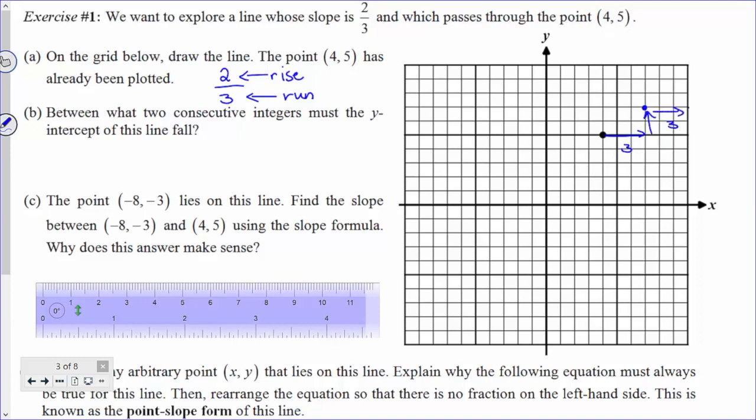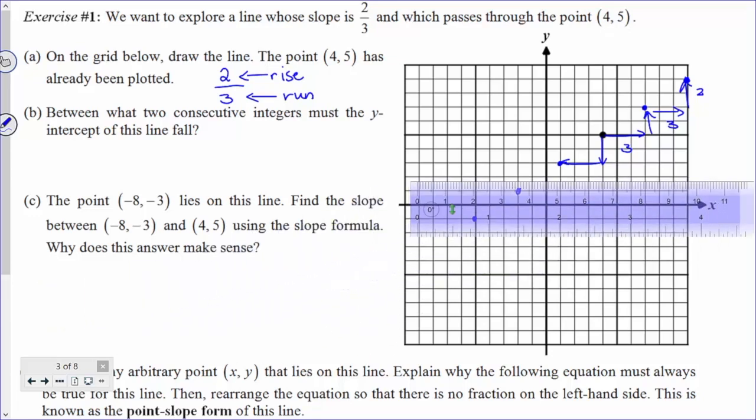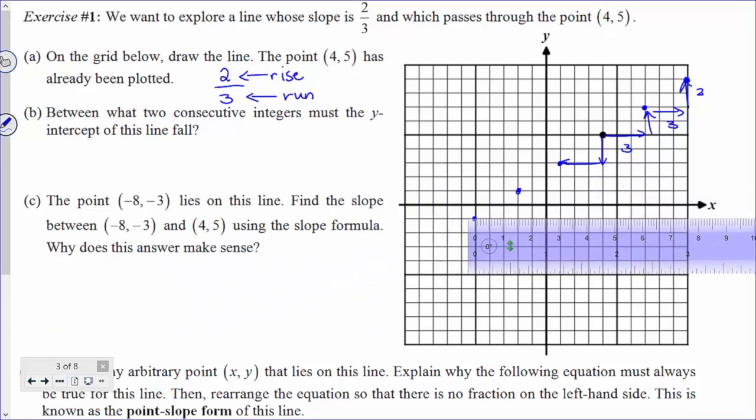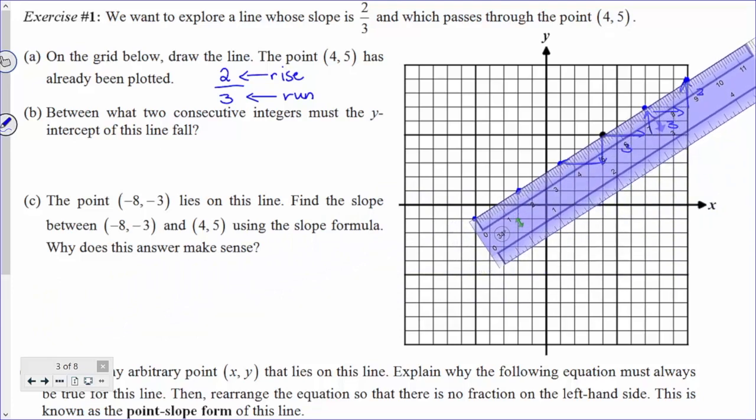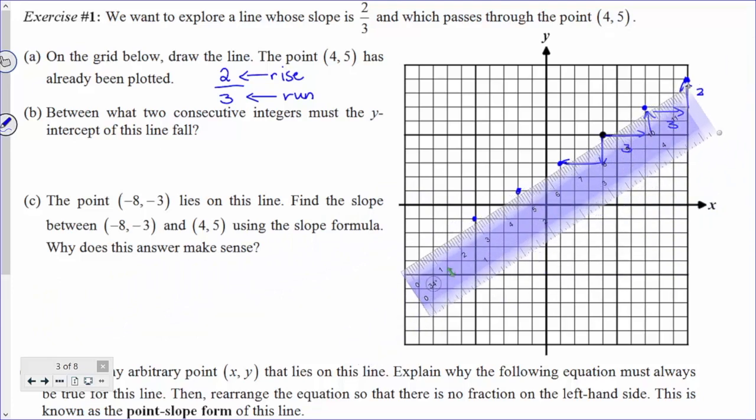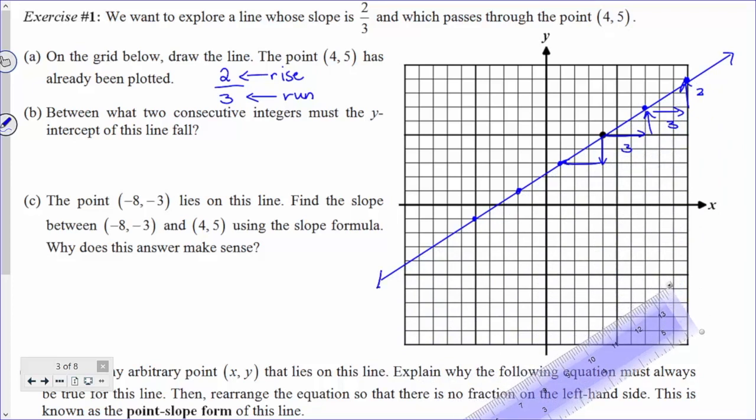Likewise, a run of 3 and a rise of 2, I get this point, and maybe I'll go a little bit backwards to get some more points. That's enough. Then, using something like a ruler that you can make longer whenever you need to, there is my line.